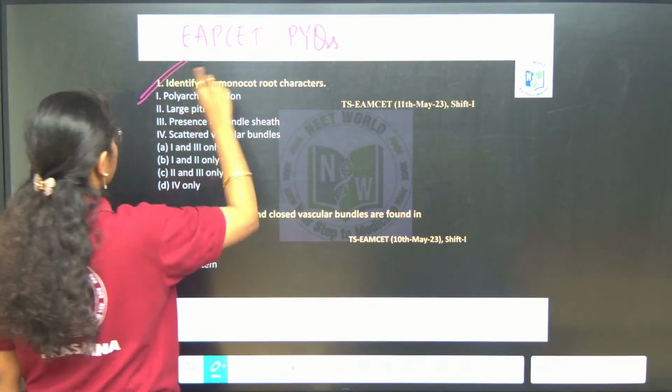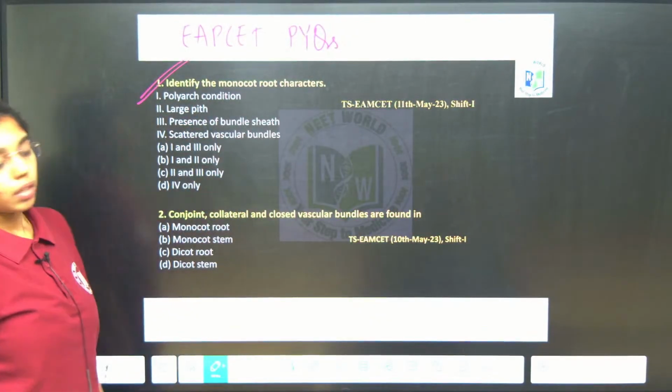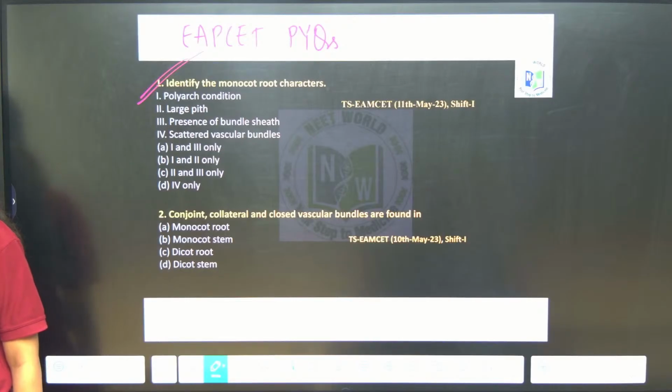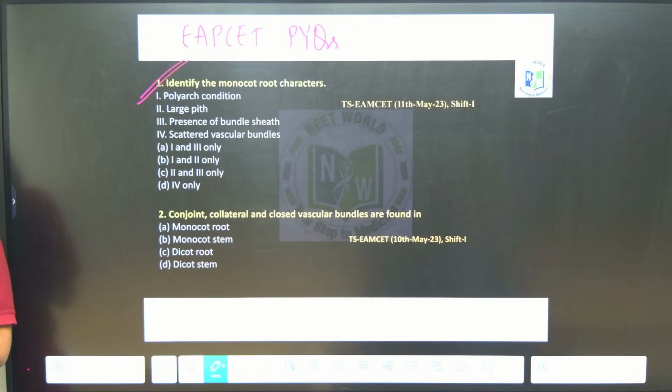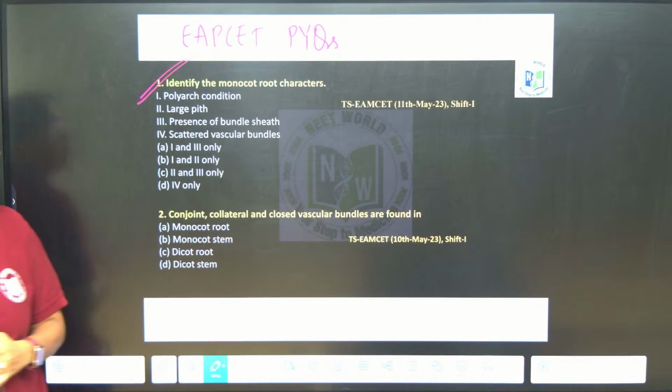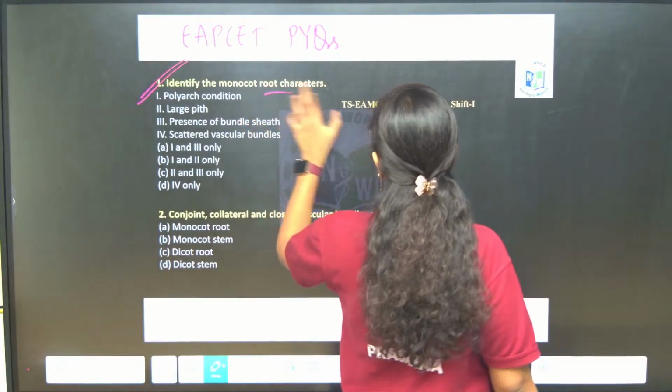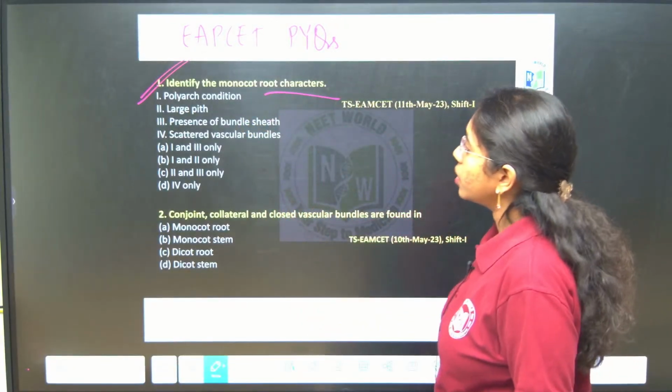Look at the first question. Here, identify the monocot root characters.